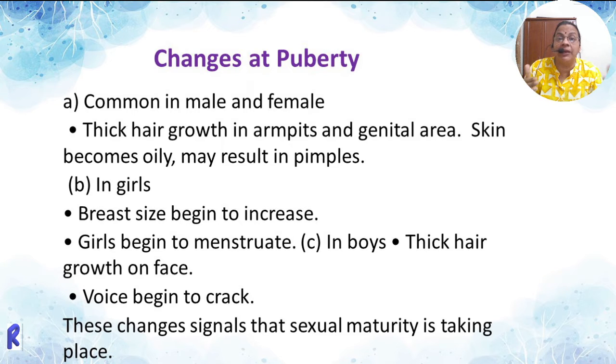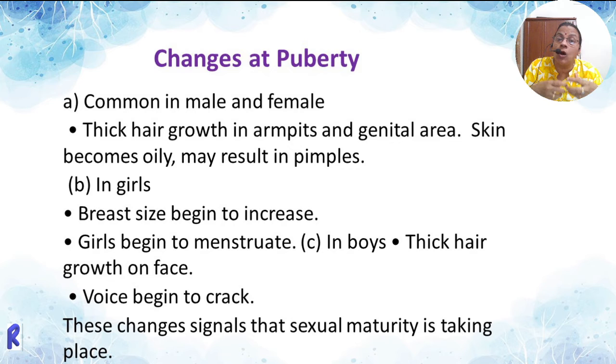Then the pelvic region, the hip region, will widen. Hair growth will take place in certain parts, in the pubic region in and around the reproductive structures, and in the armpit region. Apart from that, her voice also will become high pitched.